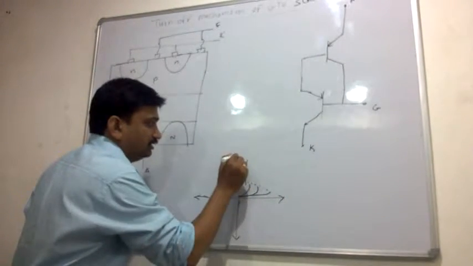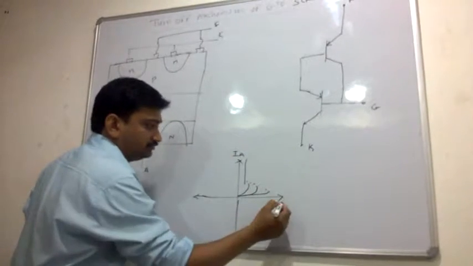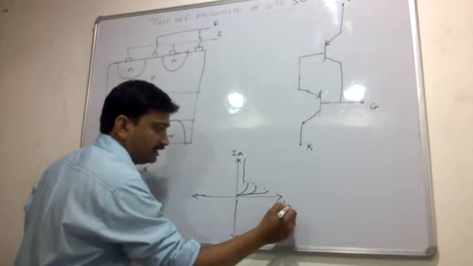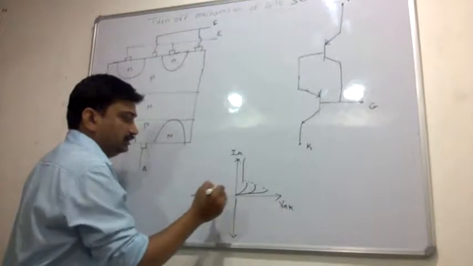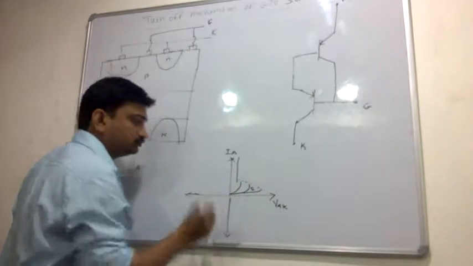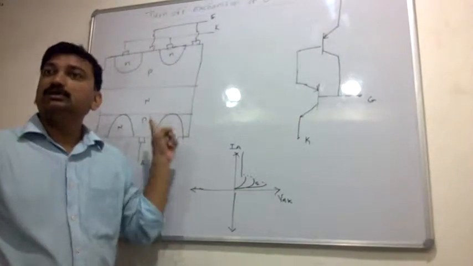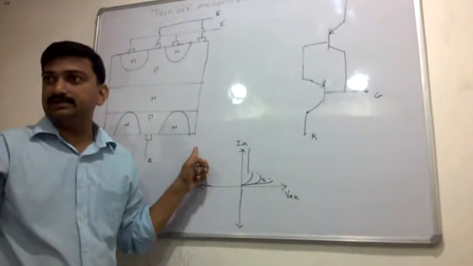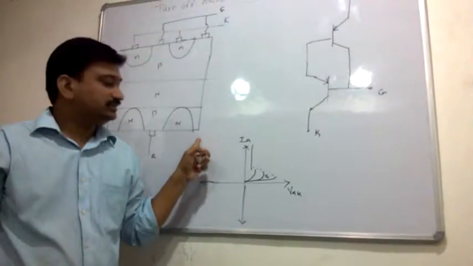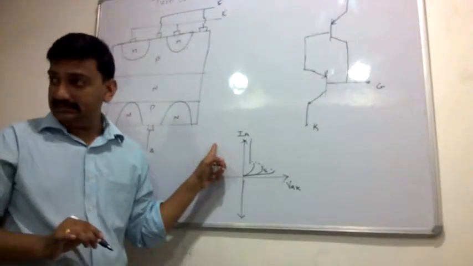This is the anode current, this is the voltage between anode and cathode, and this is the gate voltage. So the same characteristics are observed in the gate turn-off SCR. The characteristics are the same as that of a normal SCR.